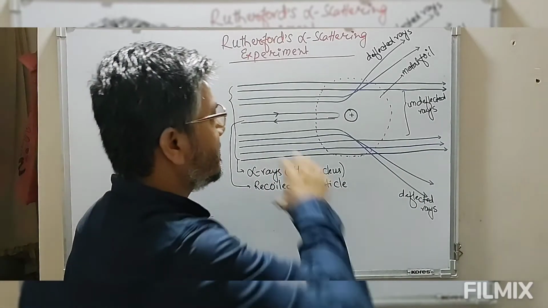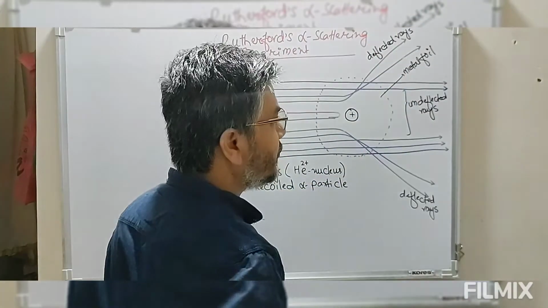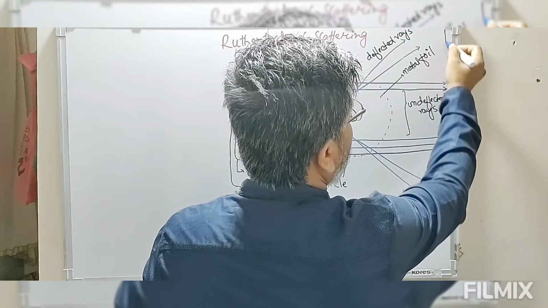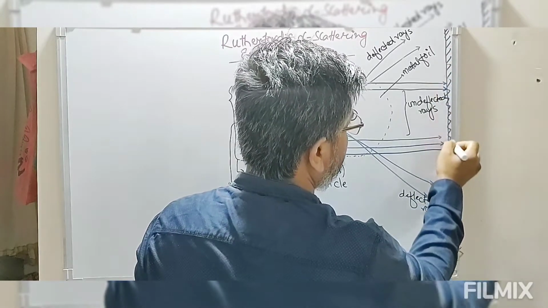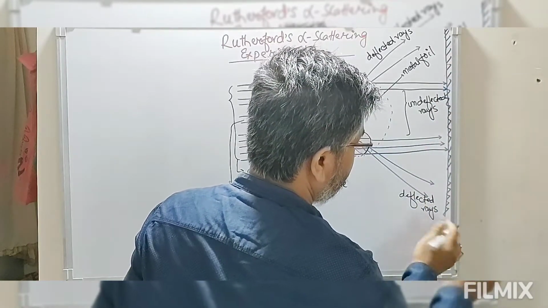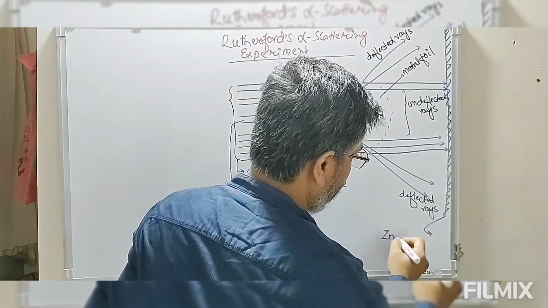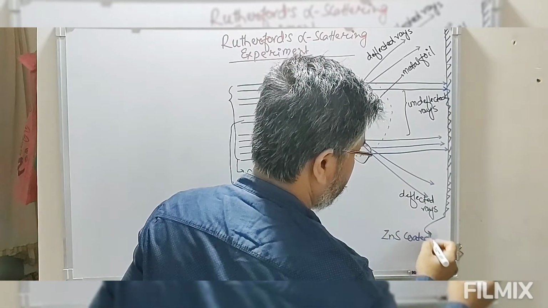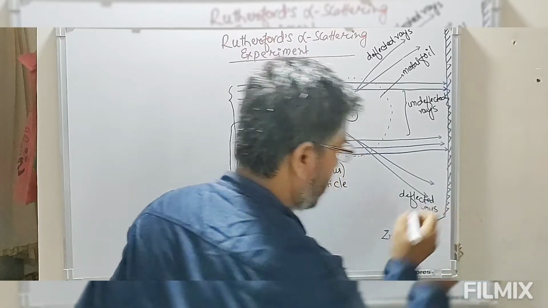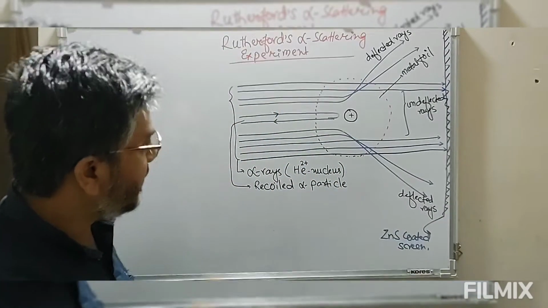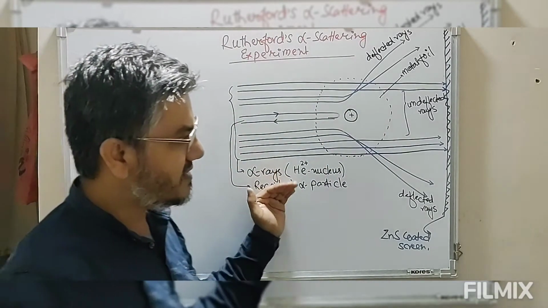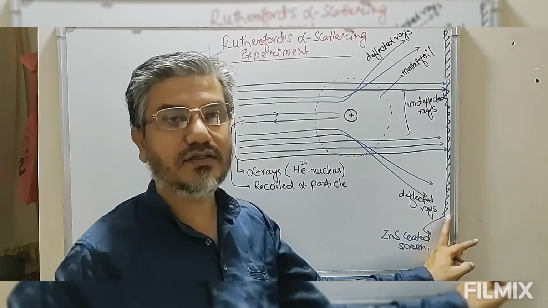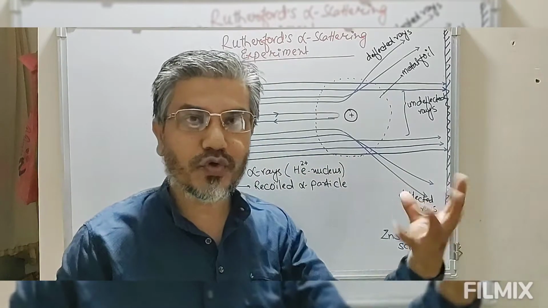Now behind this we have a screen, because we have to observe the deflected alpha particles. This is the screen. This screen is a zinc sulfide coated screen. When an alpha particle strikes the zinc sulfide coated screen, some glow is produced.